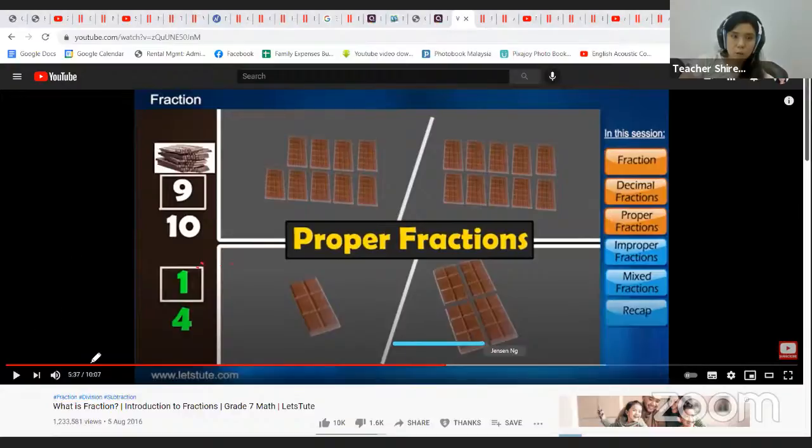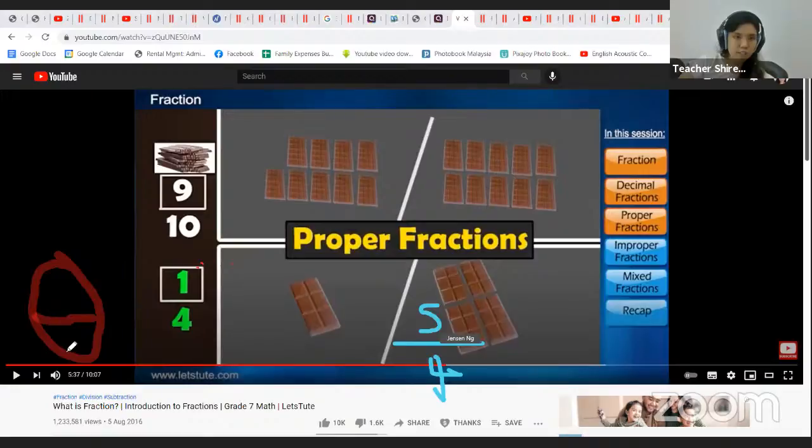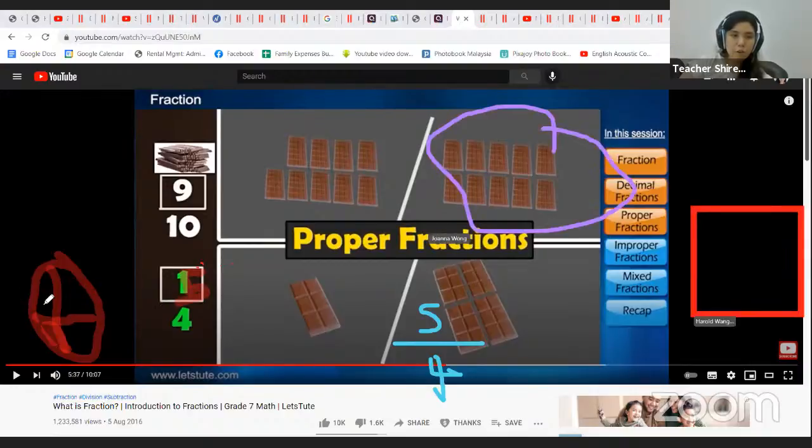So proper fraction means that there is one whole pizza, for example, cut into 4 pieces, and you just eat one piece. So you're taking one small portion of a big pizza. When the numerator is always smaller, that's a proper fraction. What happens with 5/4? It's like the pizza only has 4 pieces.